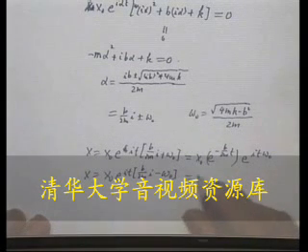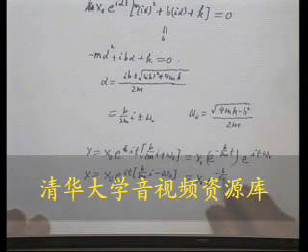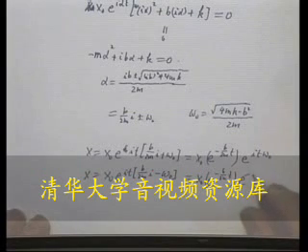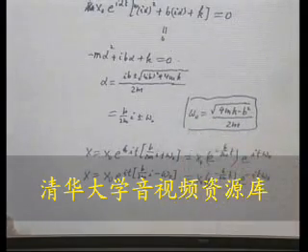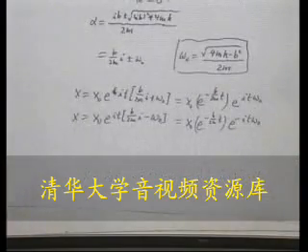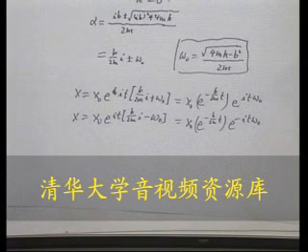This one is equal to x0 exponential minus b over 2mt times exponential minus I t omega 0. So I get two solutions.